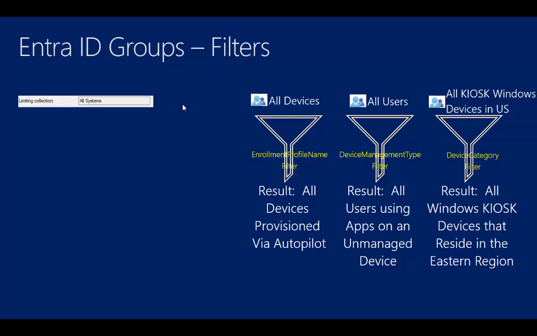So instead, one of the things that we know is that when you enroll a new device into Intune, which happens whenever you're doing Autopilot or Apple Business Manager provisioning of a device or whatever, the first place that a new device will show up is in the all devices group.